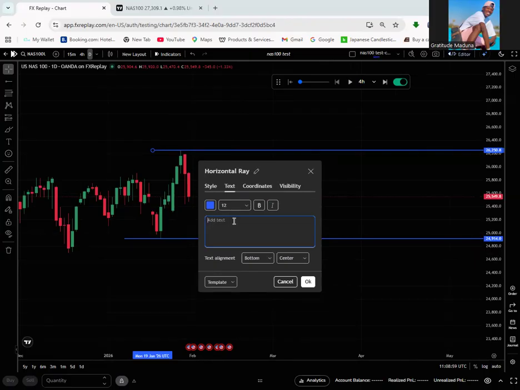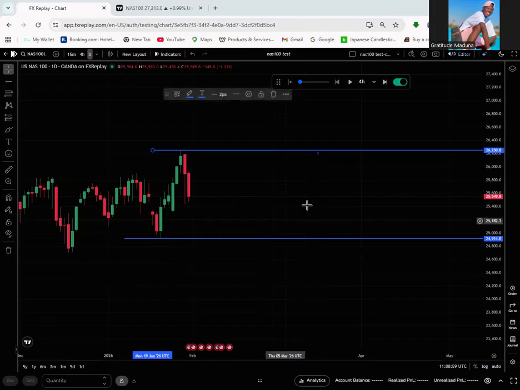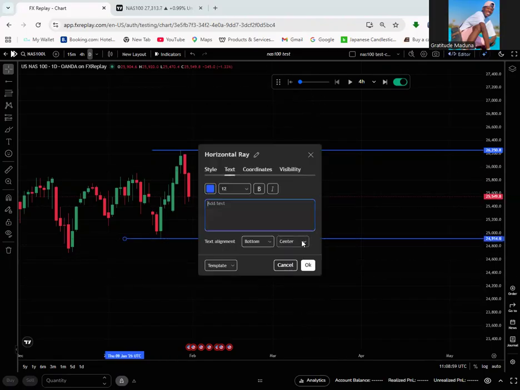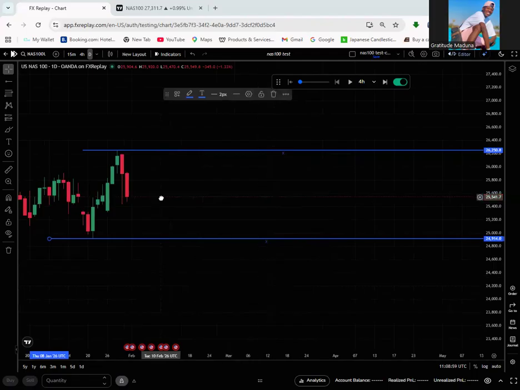This is where most entries were placed. So that's liquidity there, I'm going to break it down. And then also here, it's liquidity. The market is always gunning for inefficiencies and liquidity, guys.